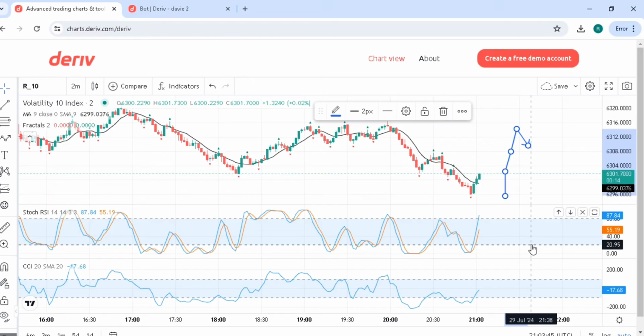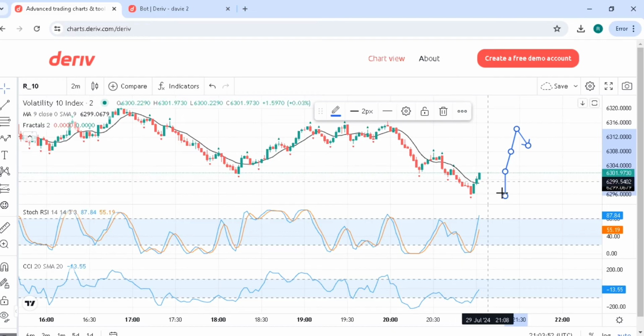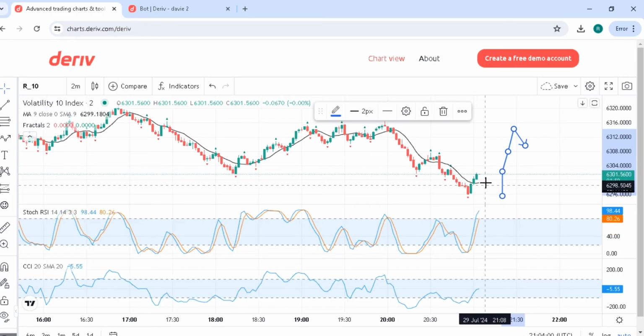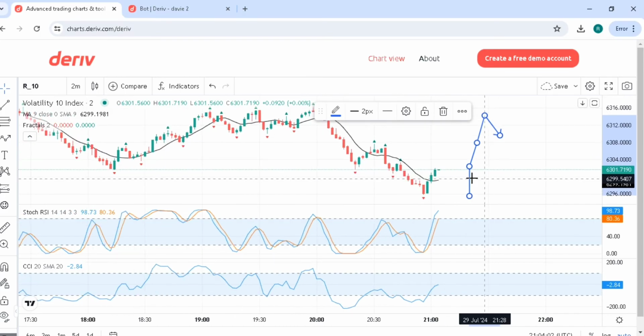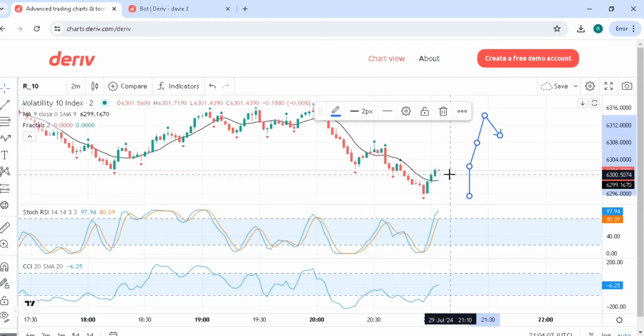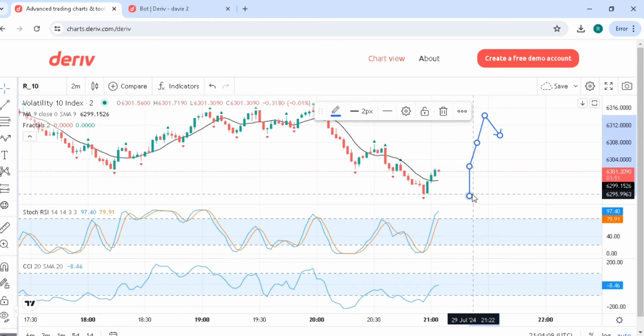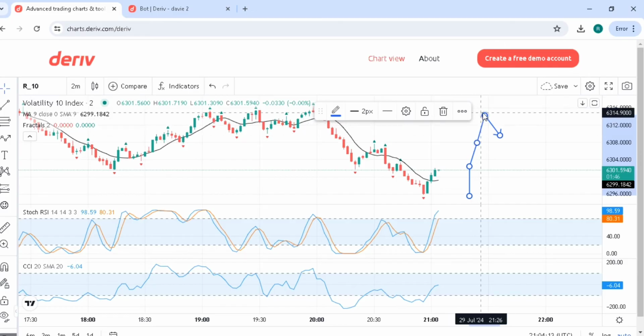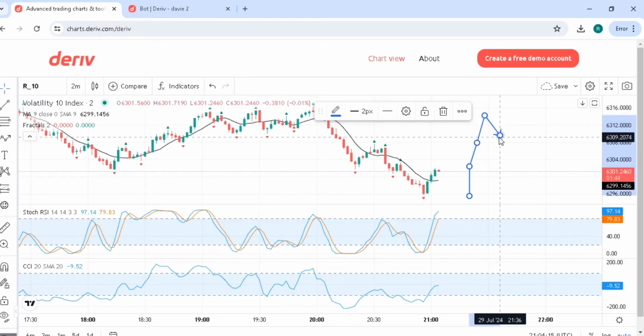Now that is the second entry point, and this one applies for a new candlestick. So like now, for instance, the new candle is about to be formed. So it has to move upwards once, twice, thrice, and then it retests.